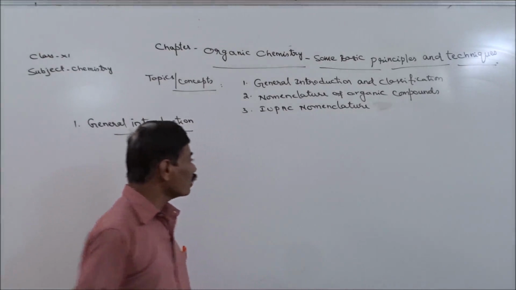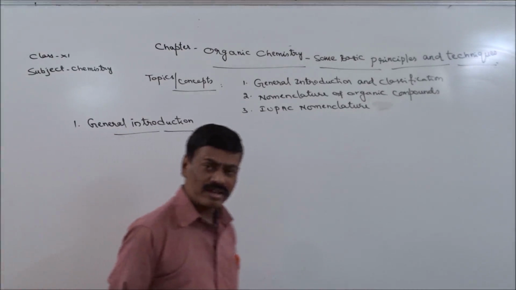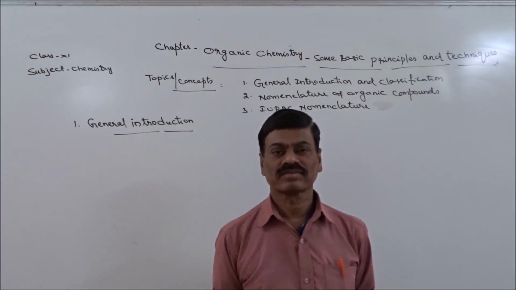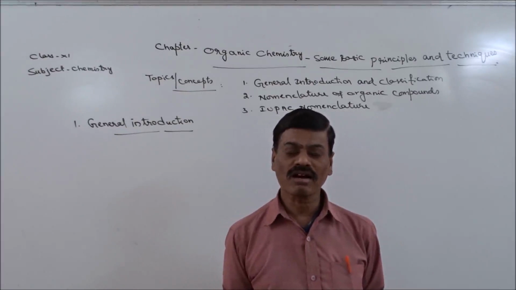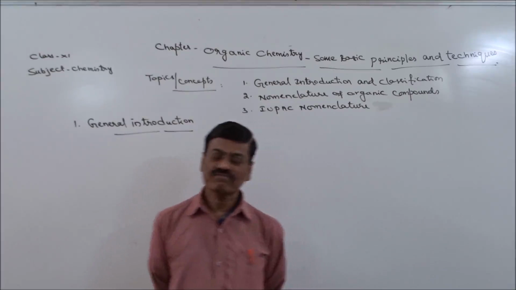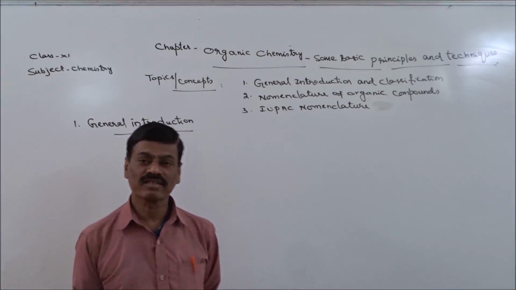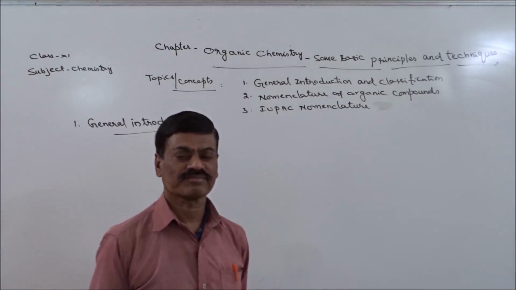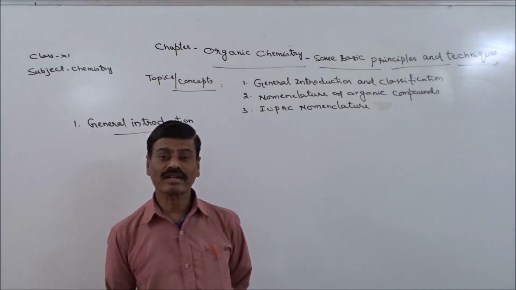Right? And as and when the concept of organic compound is taken, we should know about carbon. Because without carbon, there is no organic compound that exists. And valency of carbon is 4. So it is said to be tetravalent.